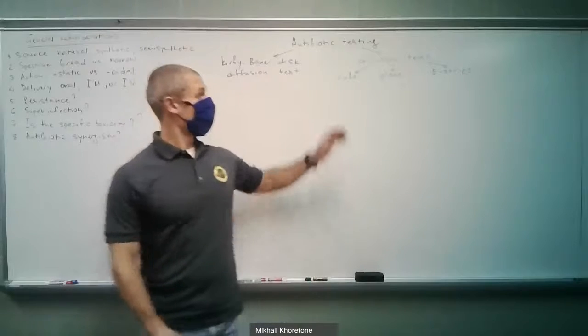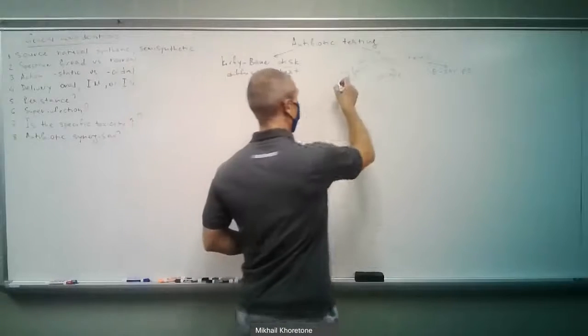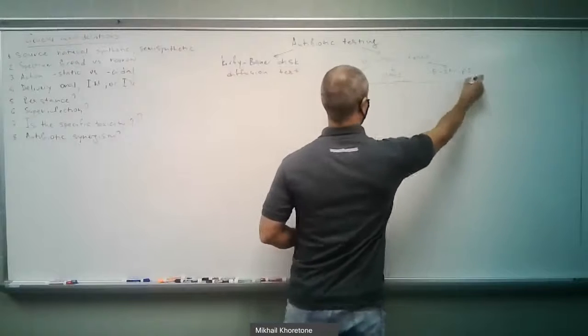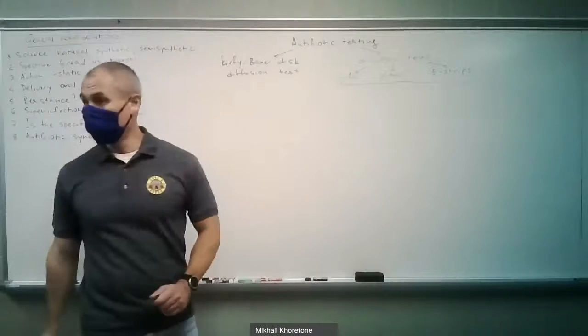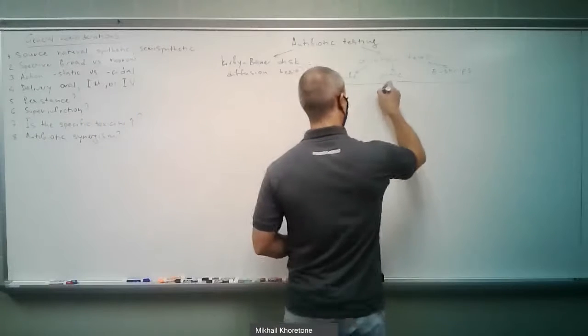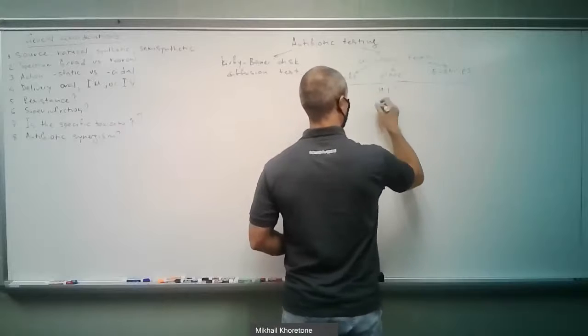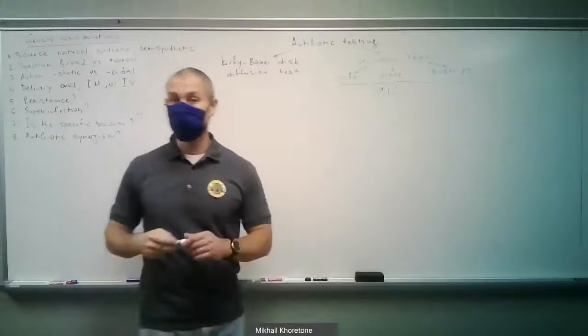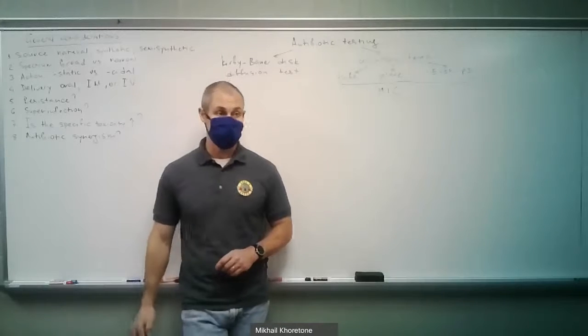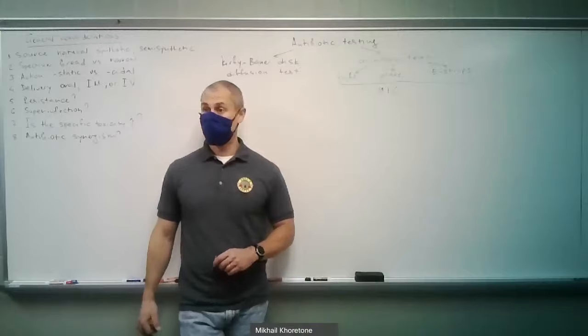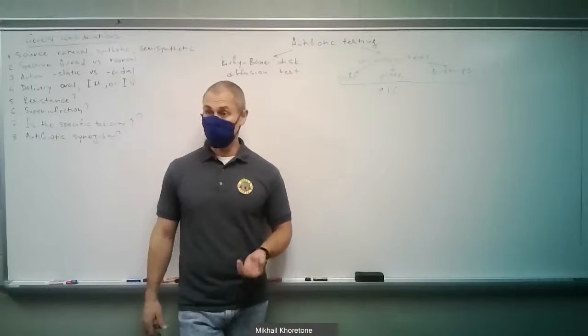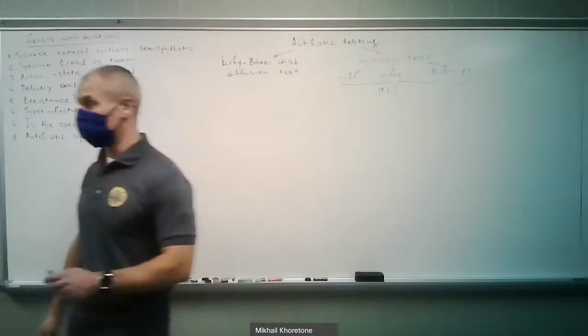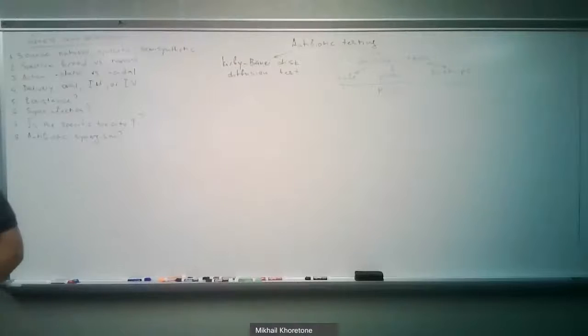So these methods, tube dilution test, plate dilution test, or E-strip, all allow you to determine what we call MIC, minimal inhibitory concentration, the lowest concentration of antibiotic that inhibits the growth of a particular microorganism. You do serial dilutions, and the lowest dilution that stops a bug from growing is your MIC.